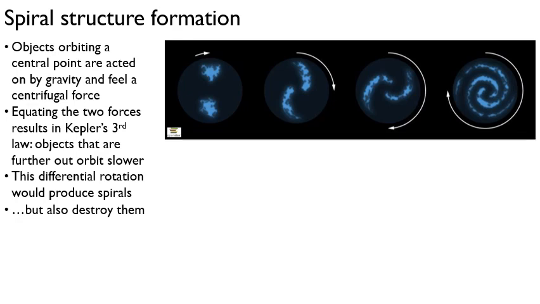The problem is this will also destroy them, right? If you think about it, these spirals are just going to wind in on themselves, and this was known as the winding problem. You destroy the spirals pretty quickly.